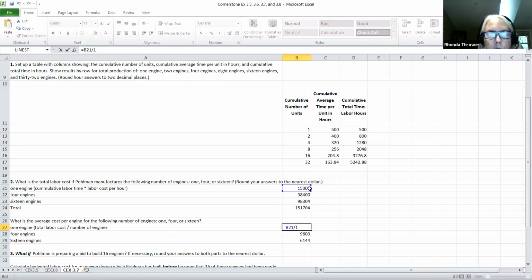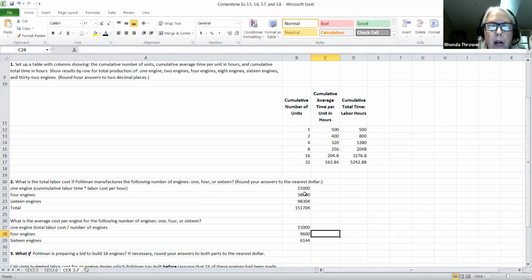So our total labor cost for 1 engine was 15,000. We would divide that by 1 engine, and that of course will give us 15,000 as the average cost per engine. Since there was just 1 engine, the amount of the labor cost would be divided by 1 engine, which will leave you with 15,000 as the average cost per engine.